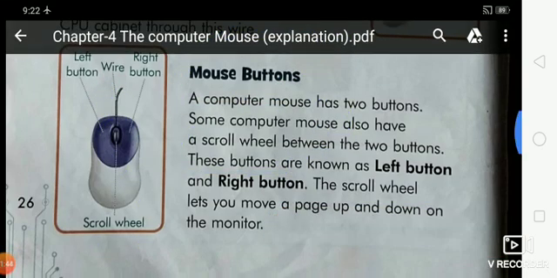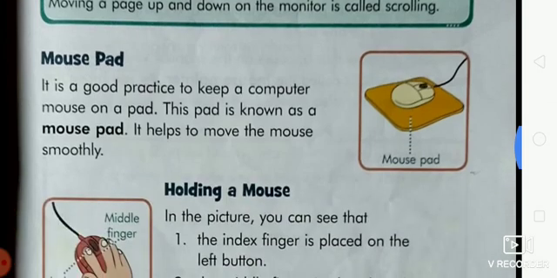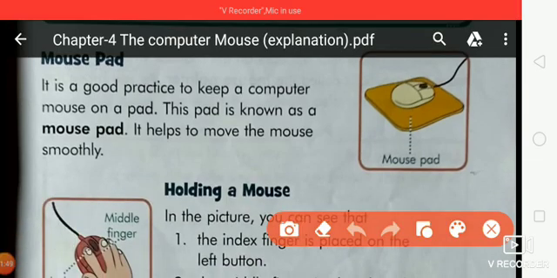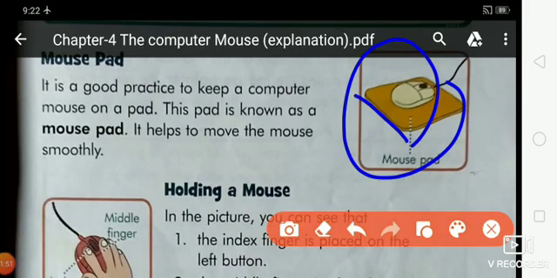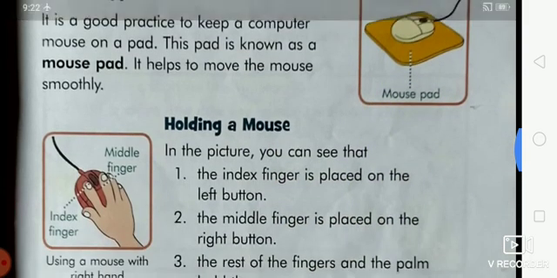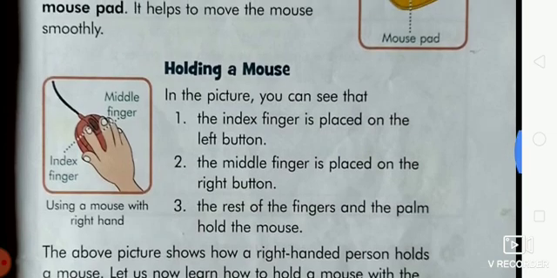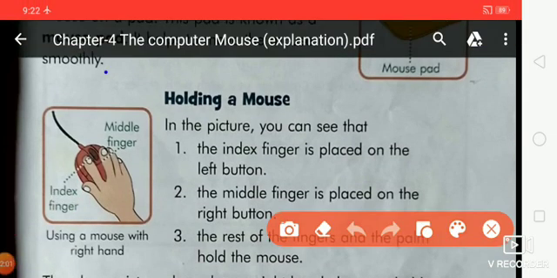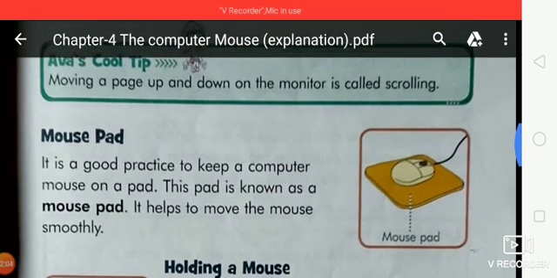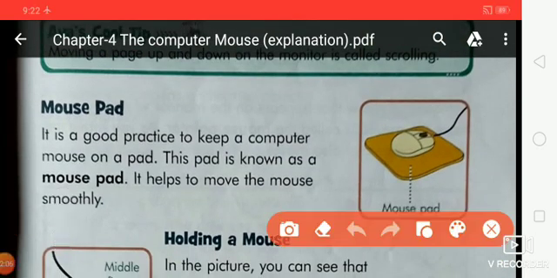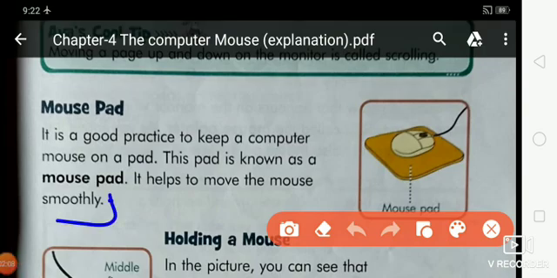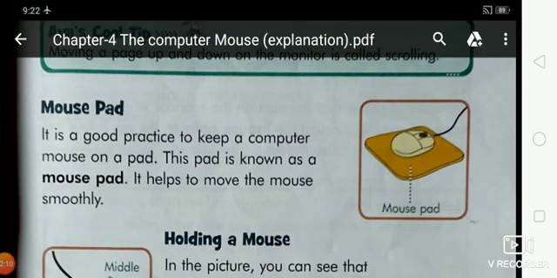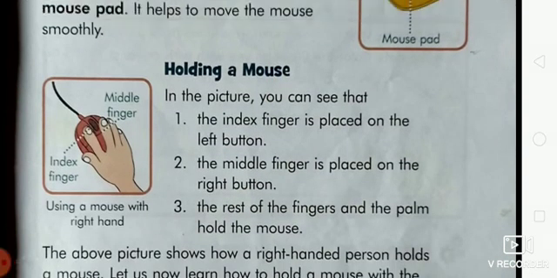We had also learned about the mouse pad, on which the computer mouse is kept when we use it. In our previous video we had read this chapter up to here, up to the mouse pad, and in today's video we will start from holding a mouse.